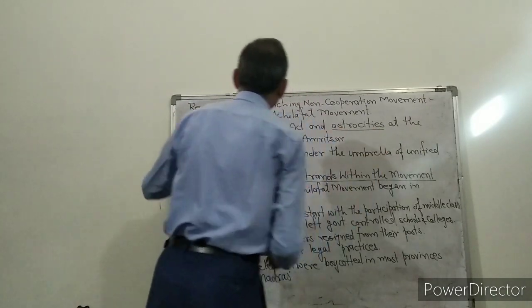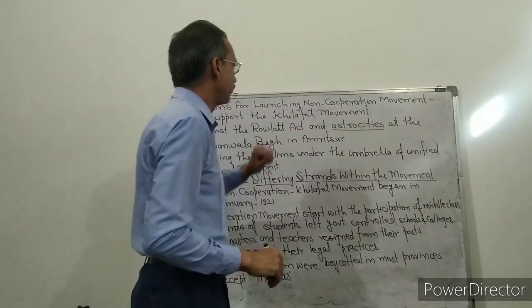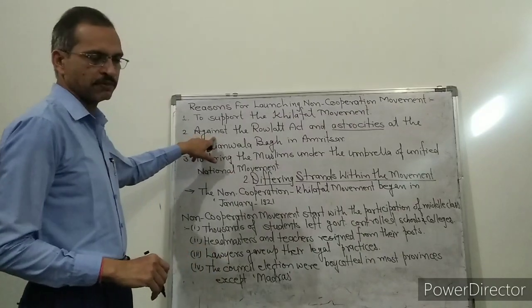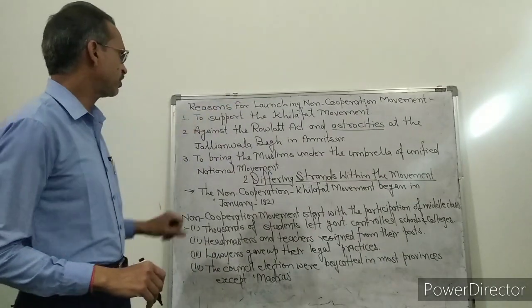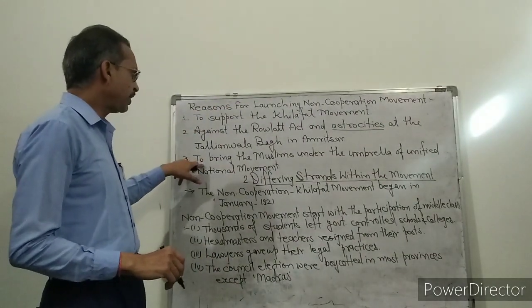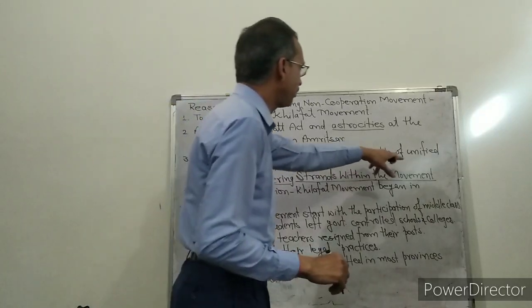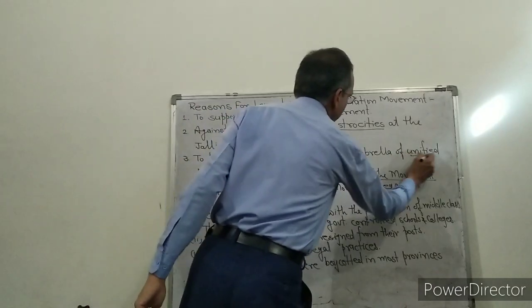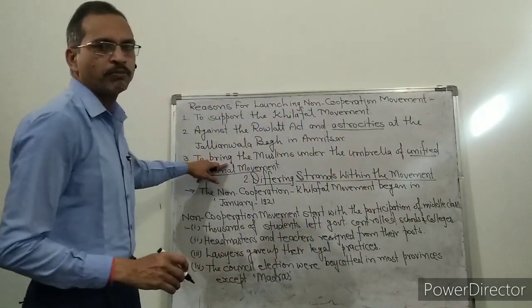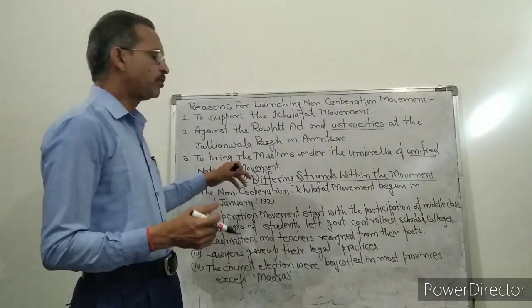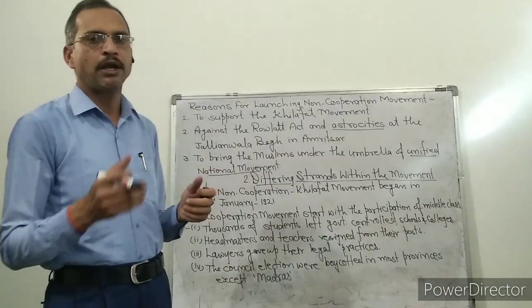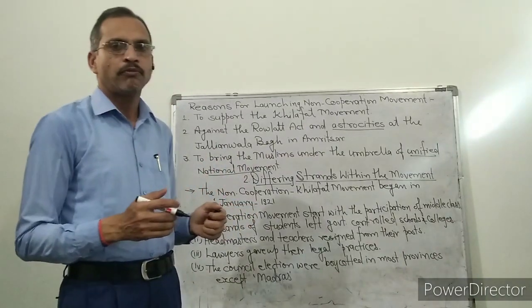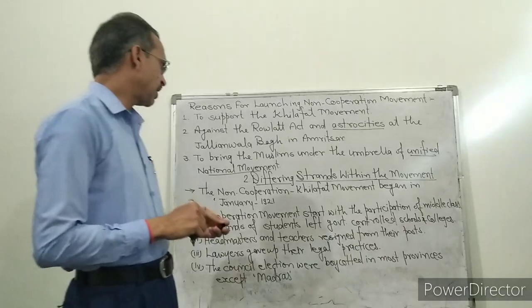Jallianwala Bagh में जो अत्याचार हुए उसके अगेंस्ट में नॉन कोऑपरेशन मूवमेंट लॉन्च किया गया. To bring the Muslims under the umbrella of a unified national movement. Unified national movement, it means Mahatma Gandhi wanted to unify Hindus and Muslims for the freedom movement of India.